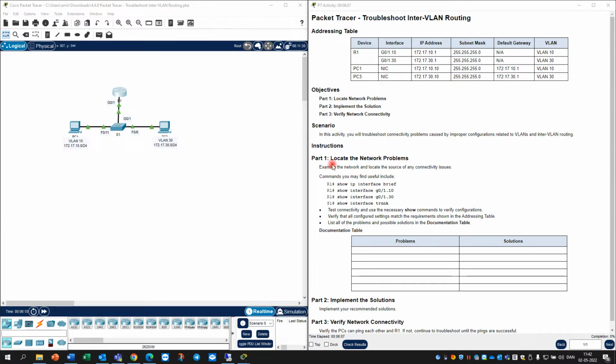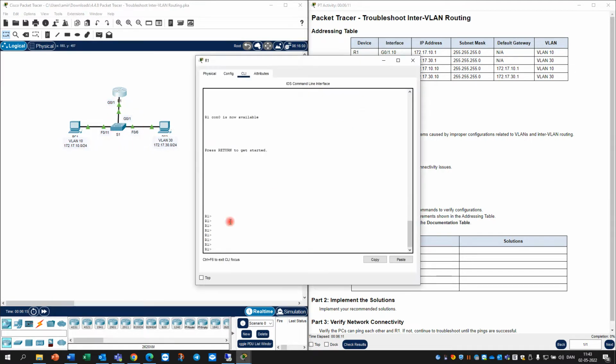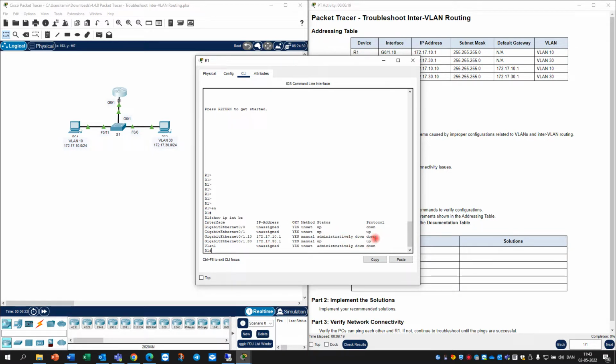First, in part 1, you can see some guide here. You should go to the router, enable mode and write show ip interface brief. Via this command you can see the status and protocol and also the IP address of all of the interfaces.